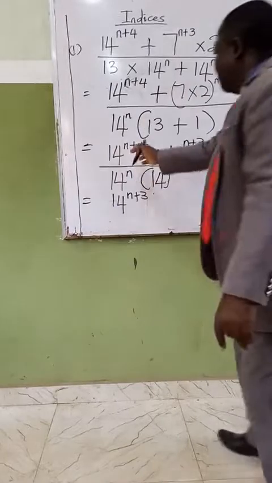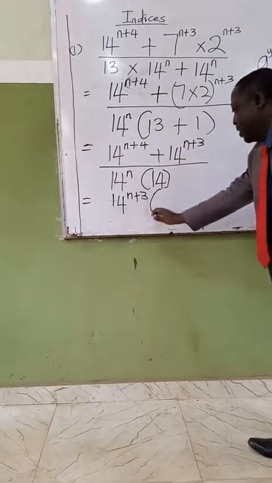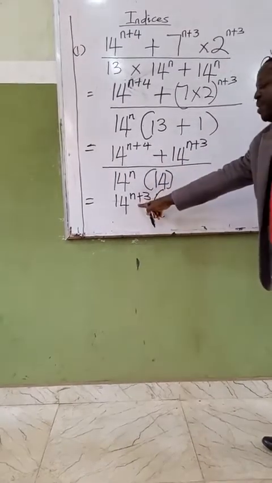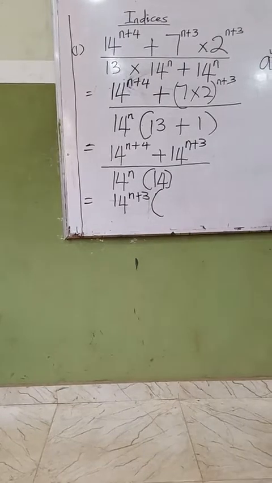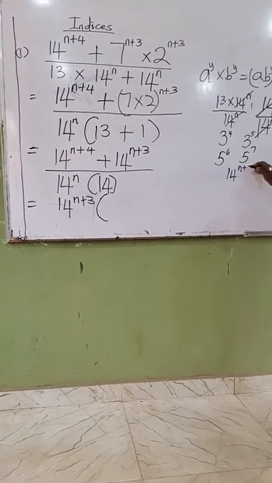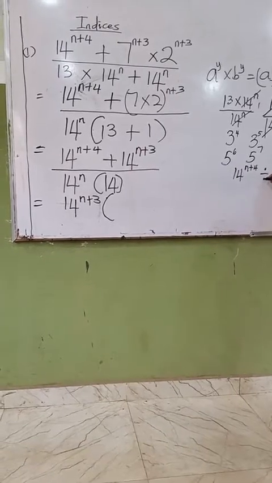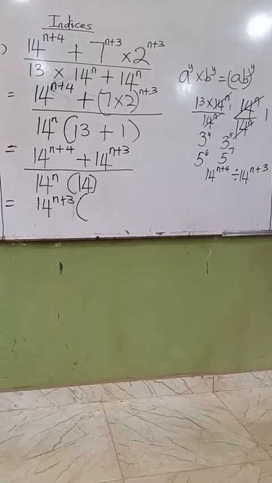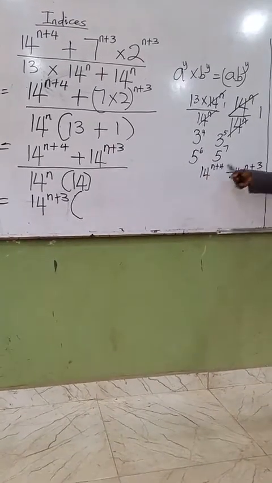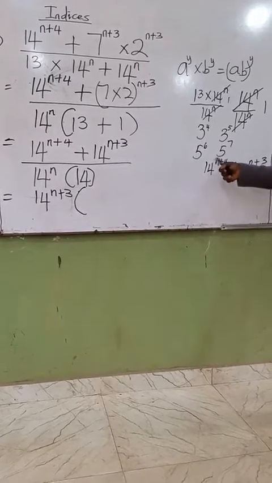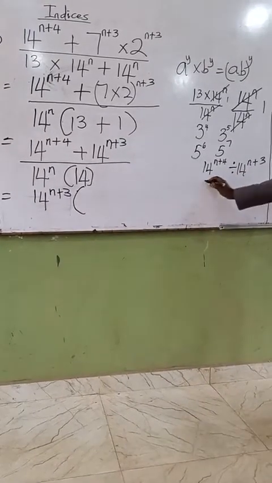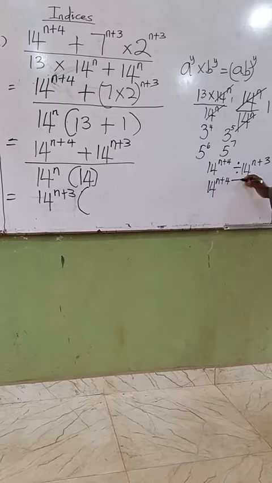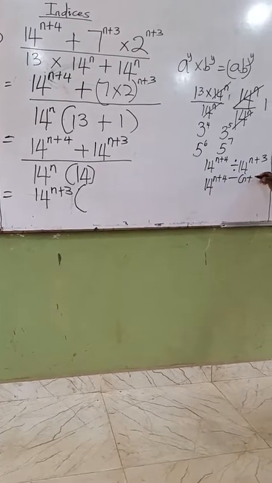Having identified the common factor, we open a bracket. Now, 14 raised to power n plus 4 divided by 14 raised to power n plus 3. According to the law of indices, we have the same base but different powers, so under division, we subtract the powers. This becomes 14 raised to power n plus 4 minus open bracket n plus 3.